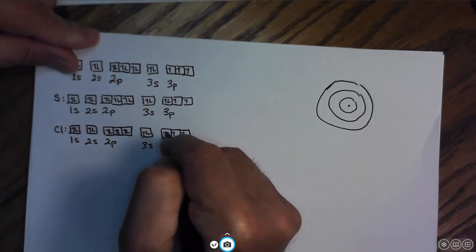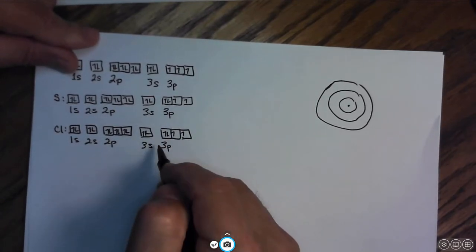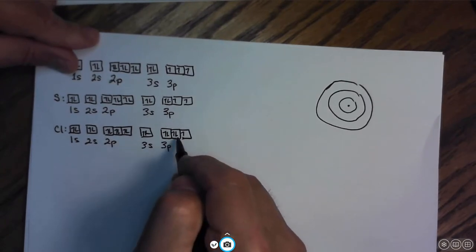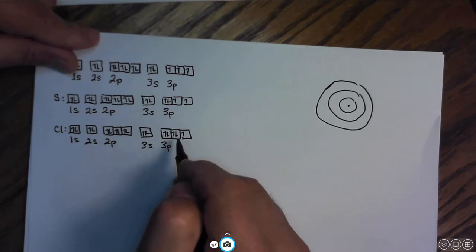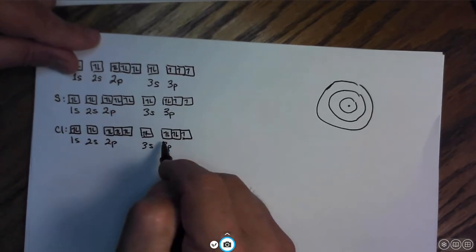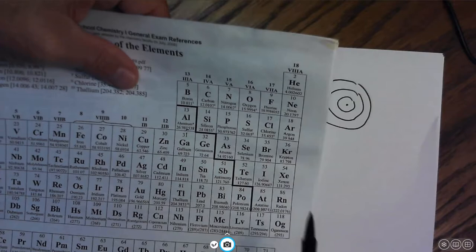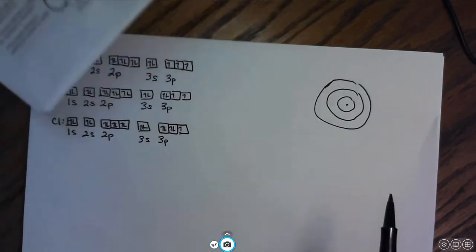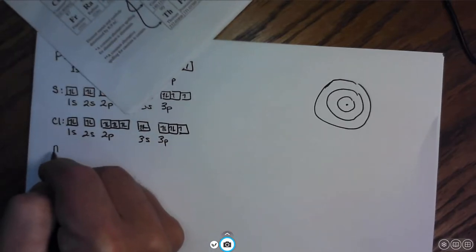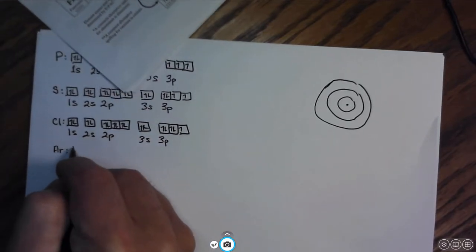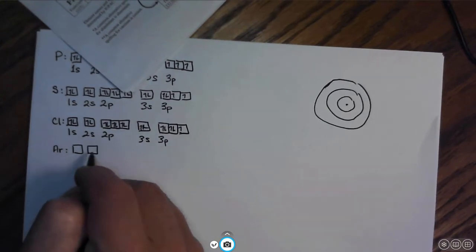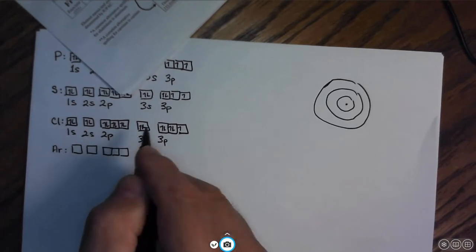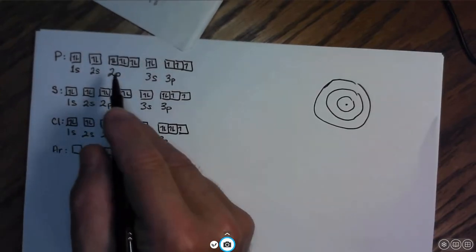Okay, so I need 1 more electron now, and there's the next electron. We can put another electron in one of the empty p orbitals. Okay, you always go from left to right. So when we get to argon, we're going to fill up that p sublevel. So here's argon, Ar. It's going to have all the same orbitals and electrons and sublevels that chlorine did, and for that matter, sulfur and phosphorus.